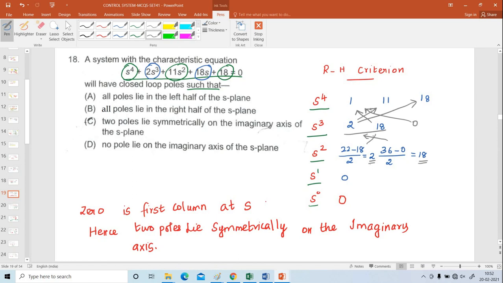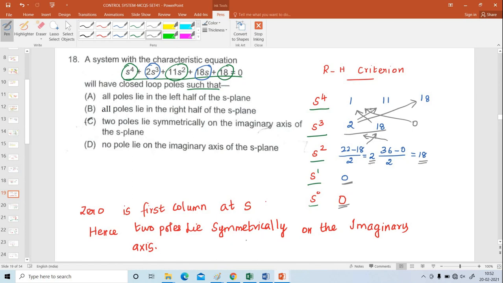Cross multiply this. So first you have to multiply this. So 2 into 18 minus 2 into 18 divided by 2. That is 0. Again 0. 0 is in the first column of the Routh array. So this characteristic equation consists of imaginary terms.